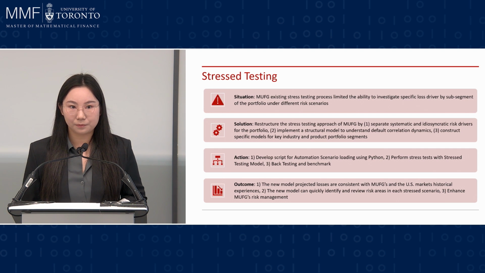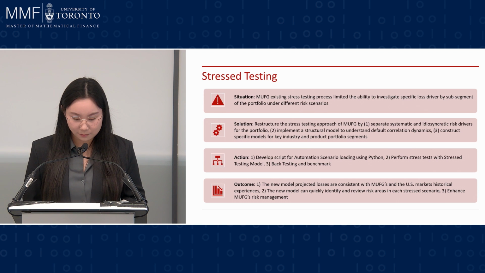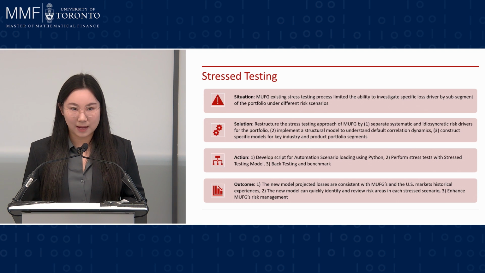So, firstly, we separated systematic and idiosyncratic risk drivers from the portfolio and implemented a structural model to understand default correlation dynamics and construct specific models for key industry and product portfolio segments.